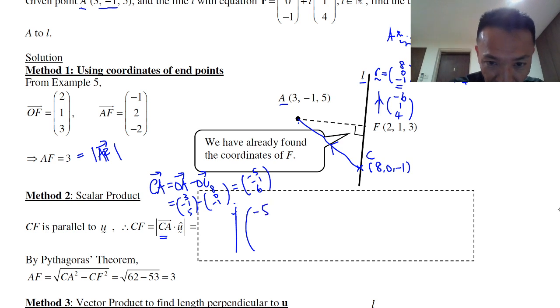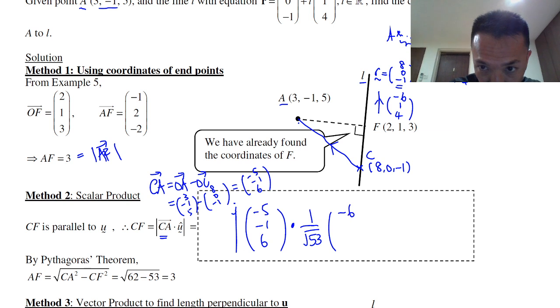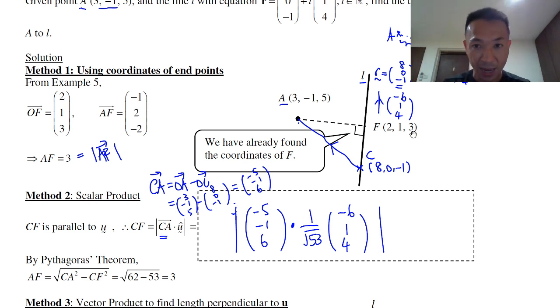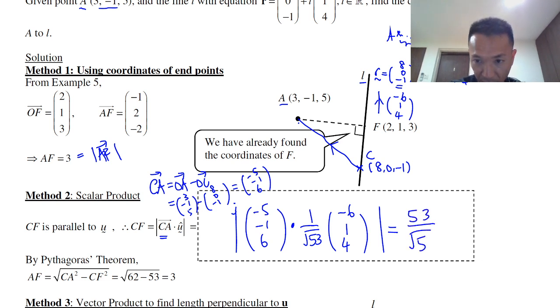Dot unit vector 1 over root 53 times minus 6, 1, 4. All good? So by taking the projection of CA dot the unit vector of minus 6, 1, 4, I will actually get CF. I calculate it out, and you realize that 53 over root 53 is actually root 53.